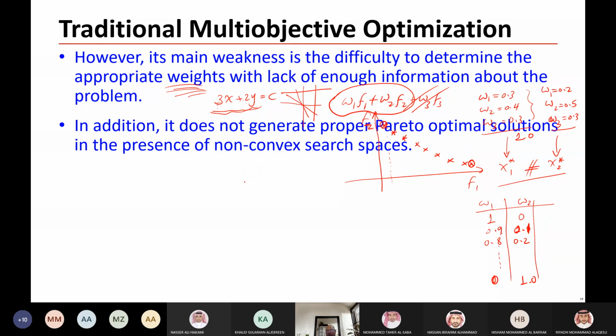And this is the problem with this technique if you have a non-convex search space. If you still remember from the beginning of the optimization, let us take this search space and make it more pronounced. Is this search space convex or non-convex?